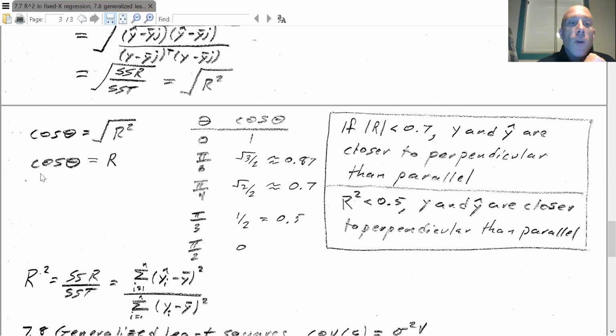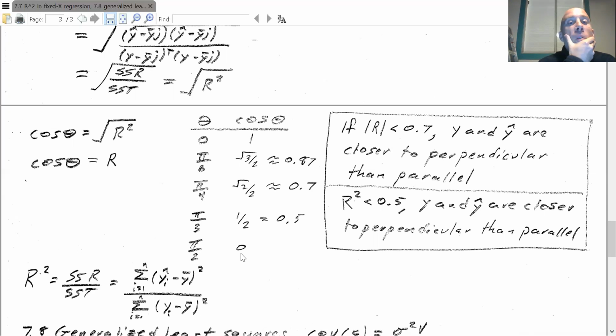On the unit circle, cosine is like the x value. Okay, so angle 0 gives me 1. Pi over 6 gives me approximately 0.87. Angle pi over 4, 45 degrees, is about 0.7. Pi over 3 is about half. And then angle pi over 2 gives me cosine of 0 because that's vertical.